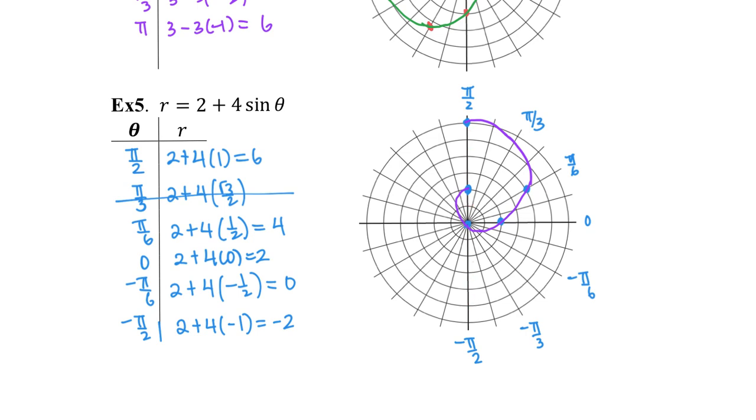Okay, so let me think about this. This is going to go here. Let me see, if I do the pi over 6, that was at 4 units. So let me go over here and draw it in. Okay, then what happened? It went down to here. So let me match this over to here. How are we looking so far?